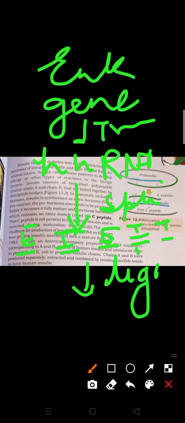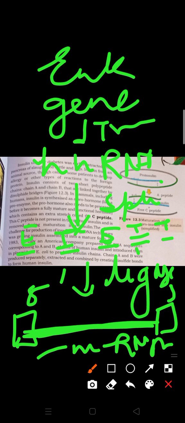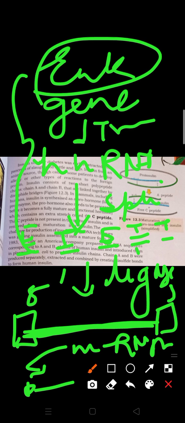From hnRNA, because of splicing, the RNA breaks into different parts, the introns and exons. Only exons are ligated because exons are the coding sequence. Introns are not needed. So this coding sequence ultimately forms the mRNA, from 5' to 3'. And from this mRNA, protein synthesis takes place. This is the general process which takes place in a eukaryotic cell.